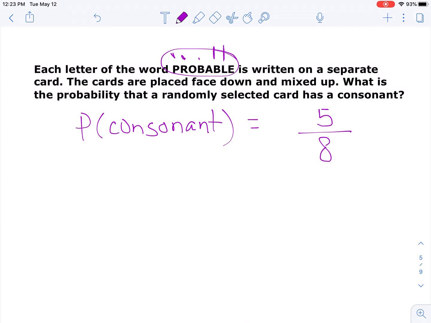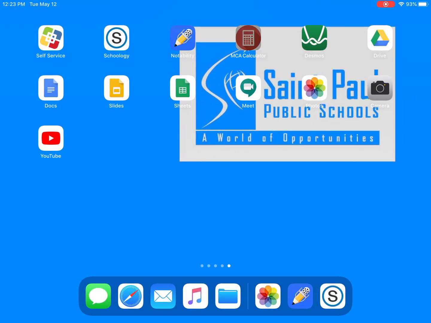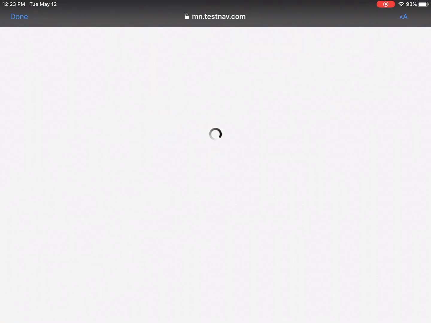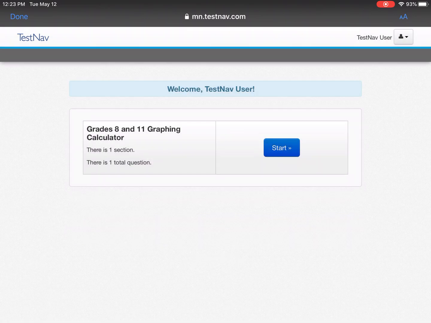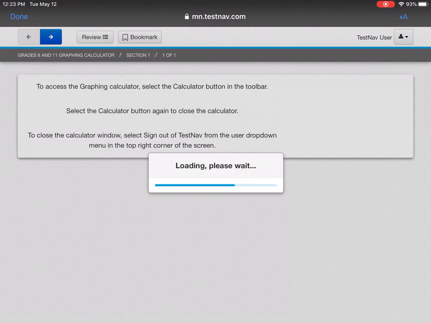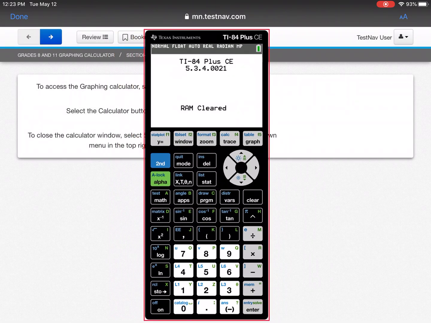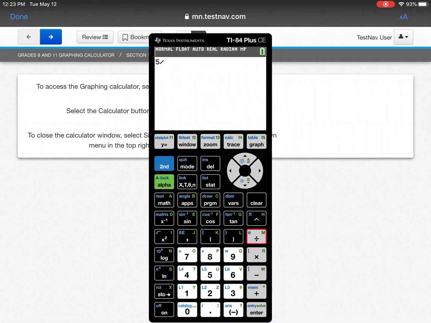Whenever you do probability, you always want to ensure that if you write it as a fraction, it's reduced. So in this particular case, you might want to pull up your calculator and just test. And remember how we make sure it's reduced is you're just going to go 5 divided by 8, hit math, and then the top one should be changed to a fraction, press enter, and you get 5/8.